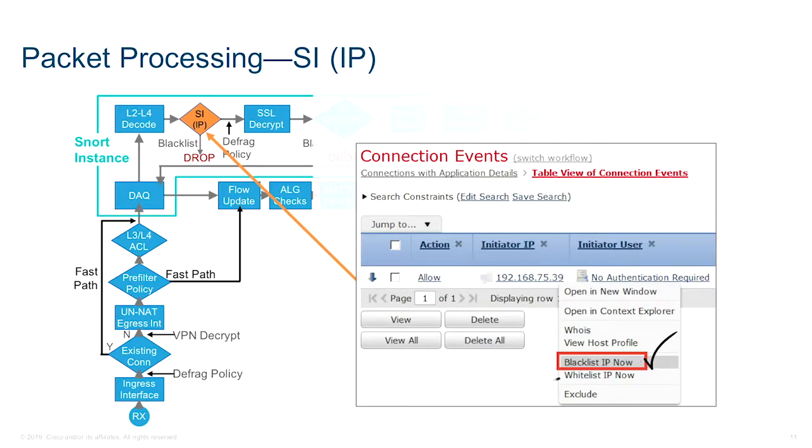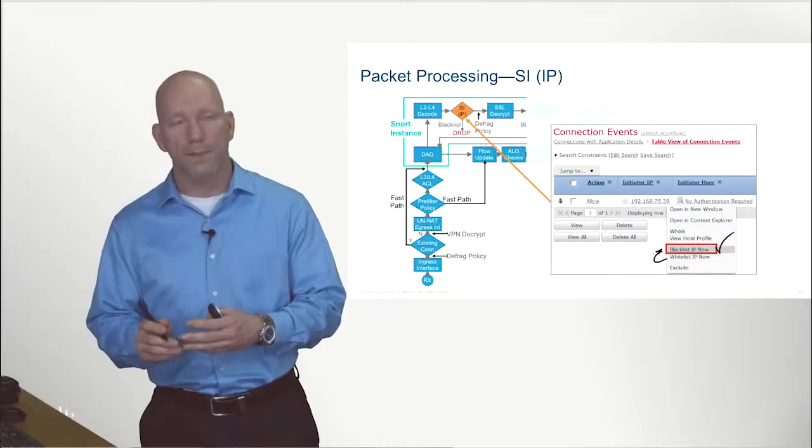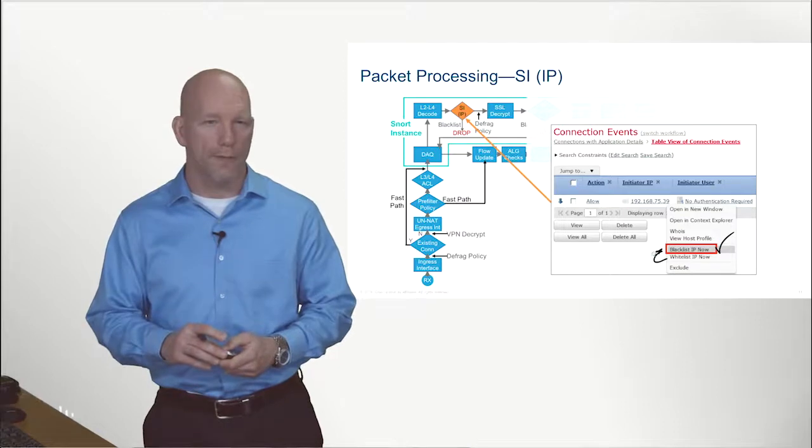And by the way, keep in mind that a whitelist can actually override a blacklist. And what's so nice is that these blacklists can be downloaded from what is officially known as the Cisco Talos Intelligence Feed, or again, a custom list can be created by you.